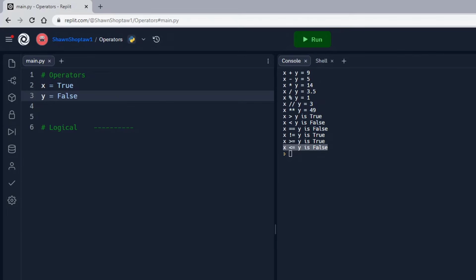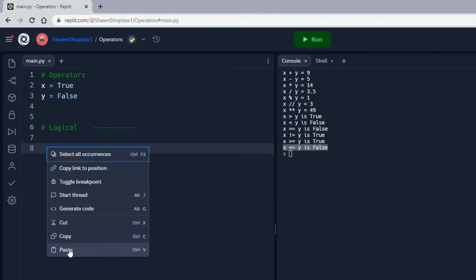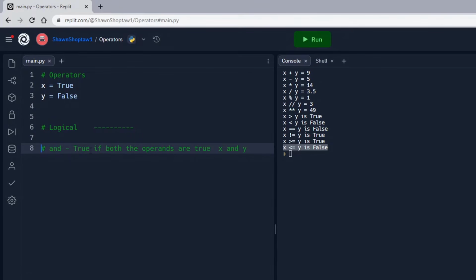And the first logical operator we're going to look at is and. I'm going to put some comments in here so we can keep these straight. And test if both operands are true. So if x and y is true, it's going to output true.